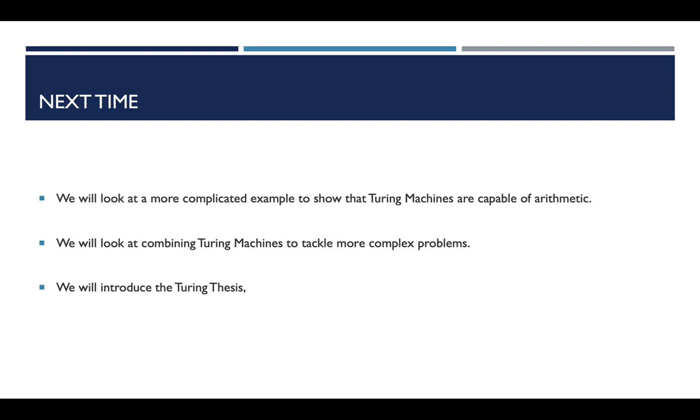Then we're going to introduce the Turing thesis, which, like I said before, is basically the thesis that tells us that the Turing machine concept allows us to theoretically represent all of the different computations or all of the functions that an actual digital computer can perform.